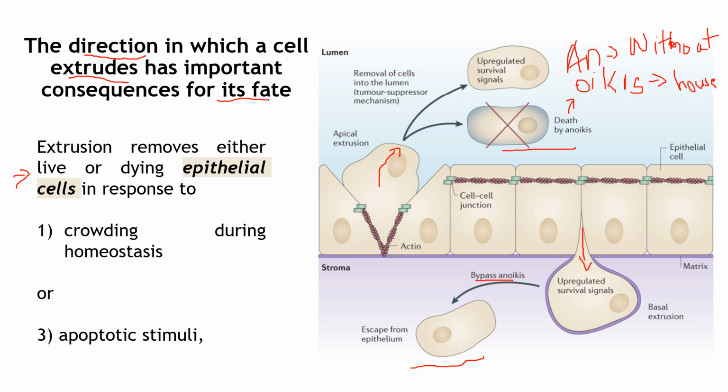So what they are saying is that this type of cell death happens because the cell doesn't have a house, in the sense that it was removed from the normal epithelium, so it's not in the proper place. It doesn't receive the correct signals that keep it alive, and if it's not in the correct place, it will die by this type of cell death.